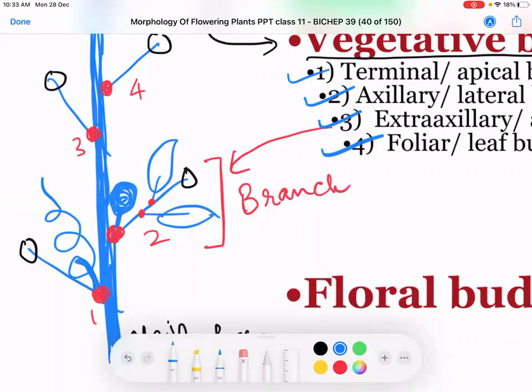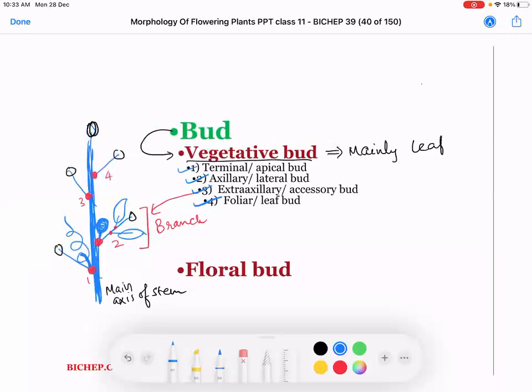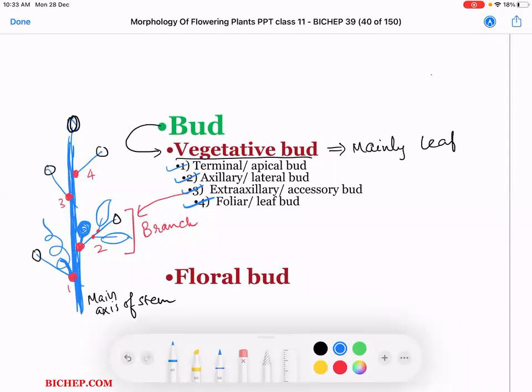These kinds of structures are also possible from the extra axillary or accessory bud. Ready? And a foliar bud or leaf bud produces only leaves, no other structure than leaf. This is a clear-cut distinction between both of them.